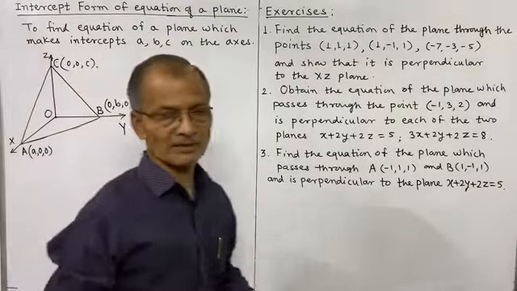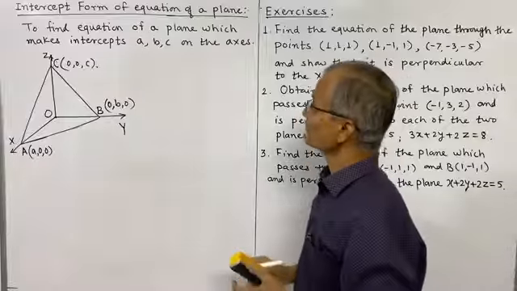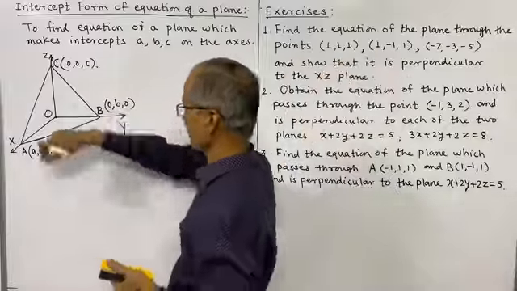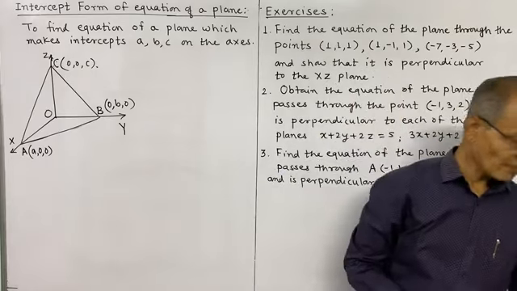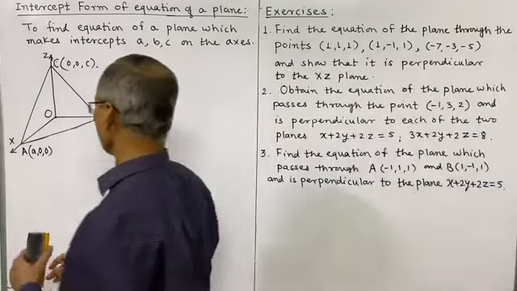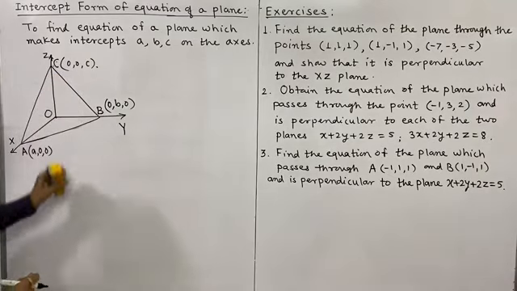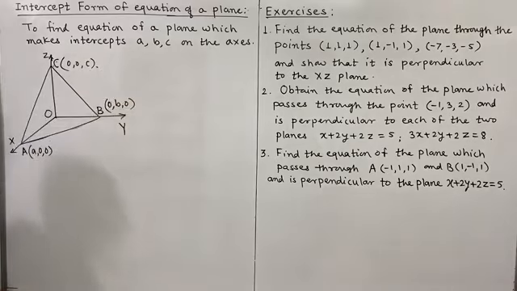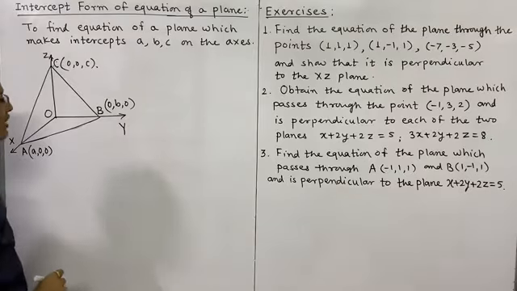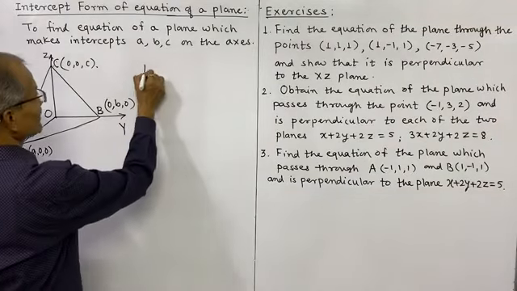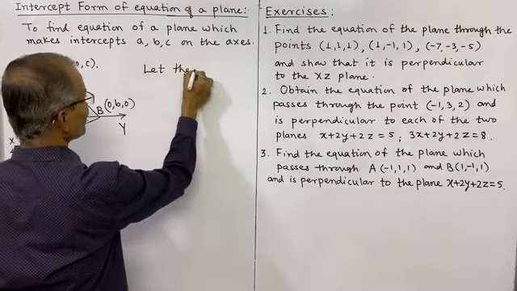And this is the meaning: the plane has intercepts a, b, c on the x, y, z axes, and therefore it cuts the axes at these points A, B, C, and we want to find the equation in terms of these intercepts. Now we shall start with the general equation.